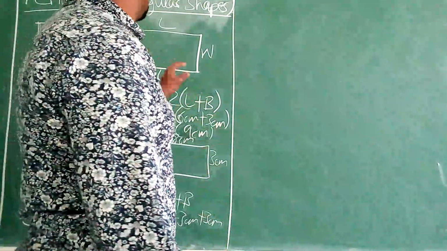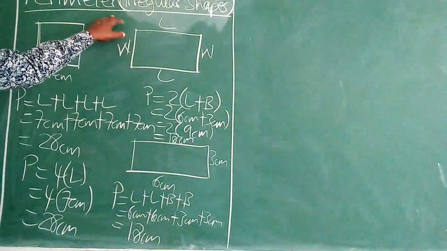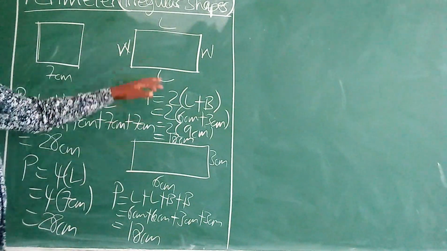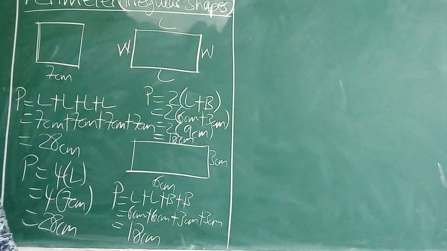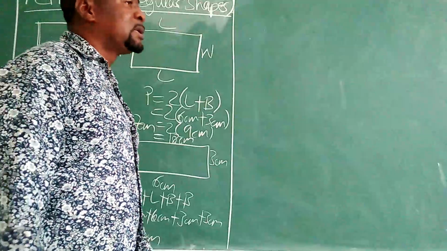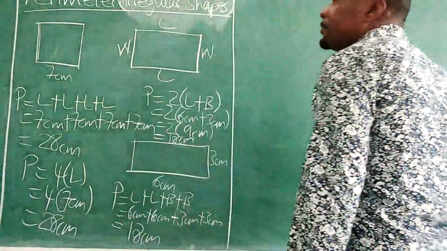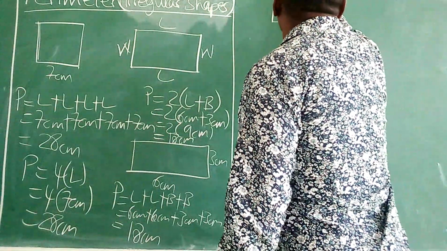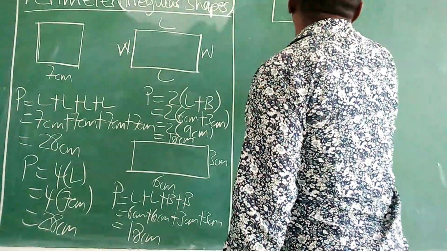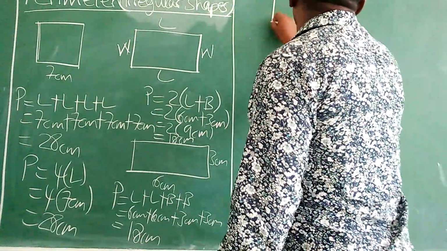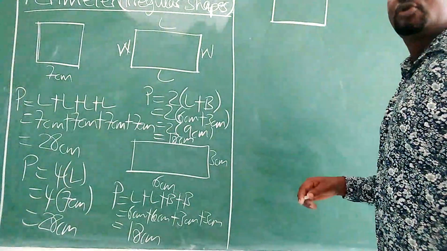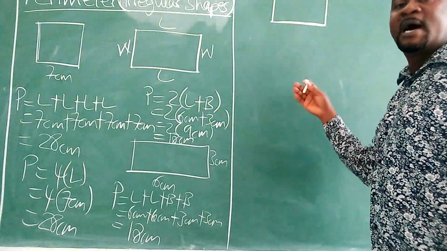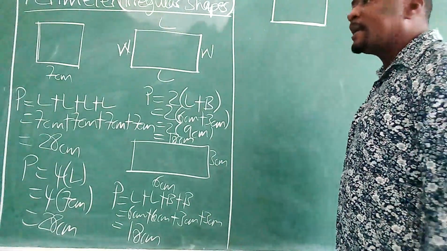Now let's go to our topic today. That's finding the perimeter of irregular shapes. So we have a shape like this. If you have a shape like this, this shape has no name, so it's an irregular shape.